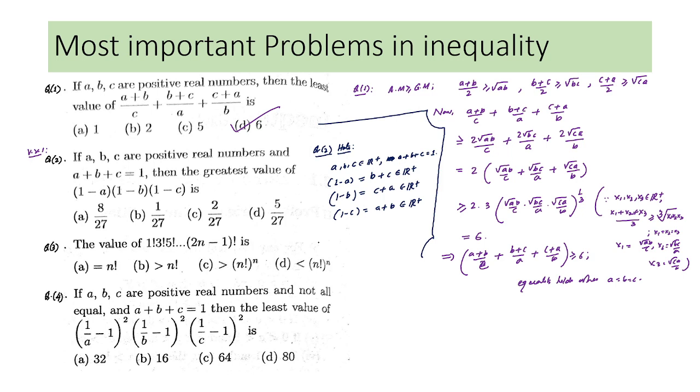Now we can apply AM greater than or equal to GM for these 3 real numbers. So what we will get?